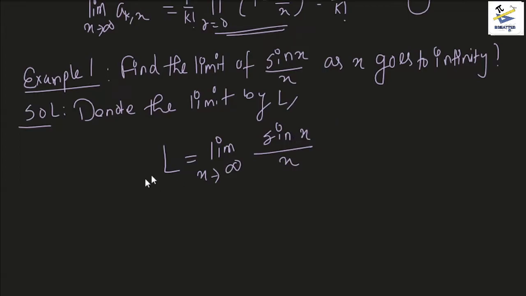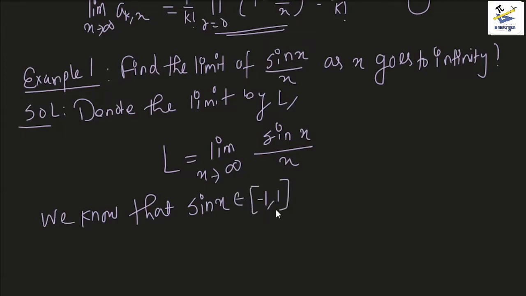No, it doesn't, because we know that sin x for every real value of x lies in the closed interval -1 to 1, for all x belongs to real, right? So this is a property of sin x, that sin x is bounded.